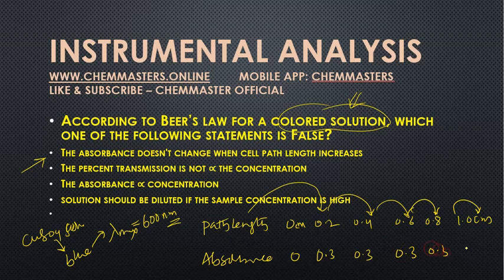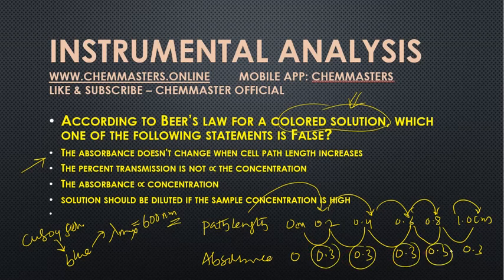You can say that the change in absorbance by increasing the path length is the same. It is retained 0.3, 0.3, 0.3 only. That means increasing the path length doesn't change the absorbance. So the first statement is the correct statement, that is the true statement.